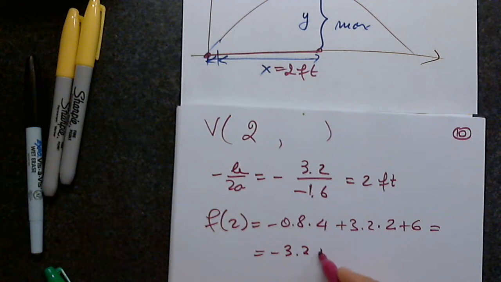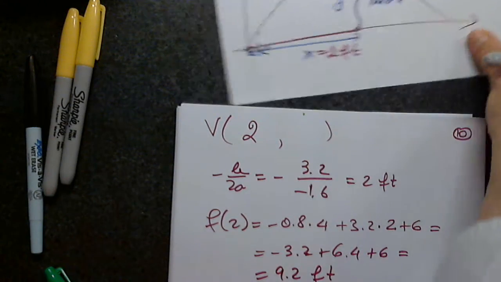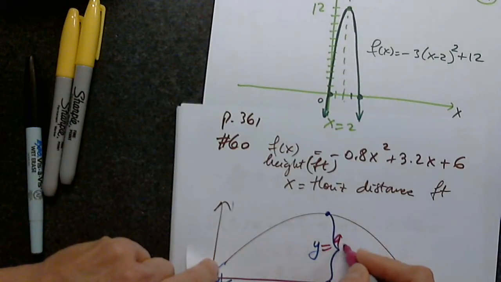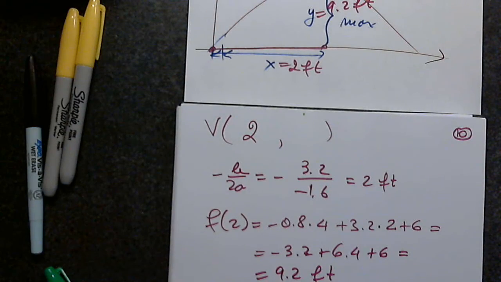This is 3.2 times 2, which is 6.4. You don't have to copy this, just do it on your own. 6.4 minus 3.2 is 3.2, plus 6 is 9.2 feet. So the maximum height is 9.2 feet. Just plug it in. You can use a calculator as well.